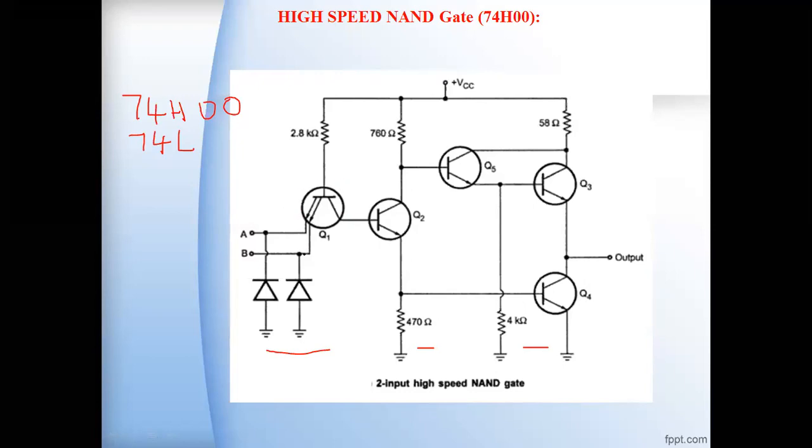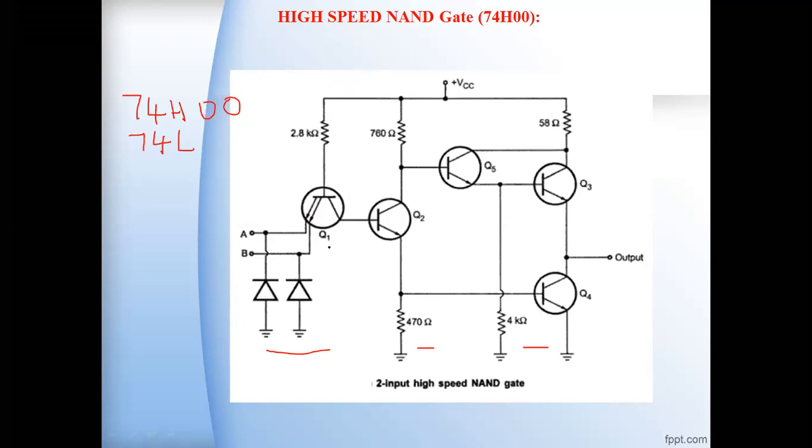It is a high-speed two-input NAND gate, so it has two inputs. Therefore, the transistor has two emitters here. So here the AND gate is realized.